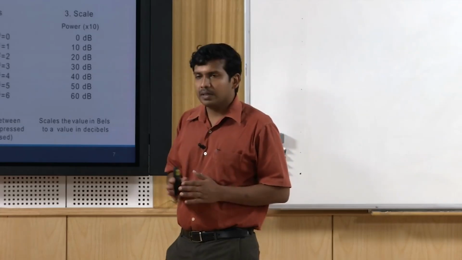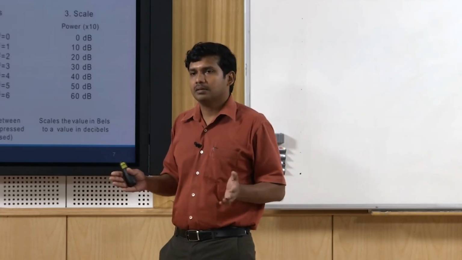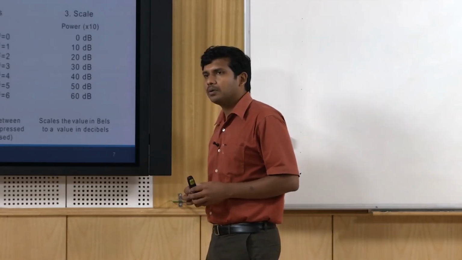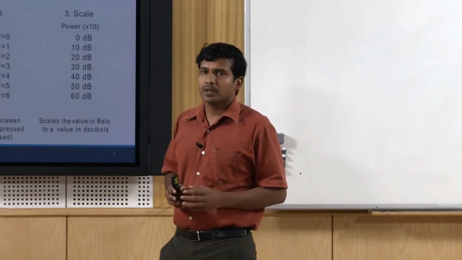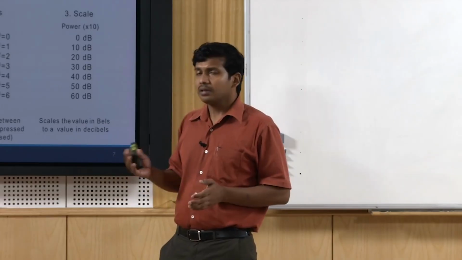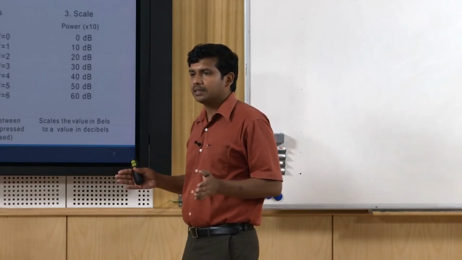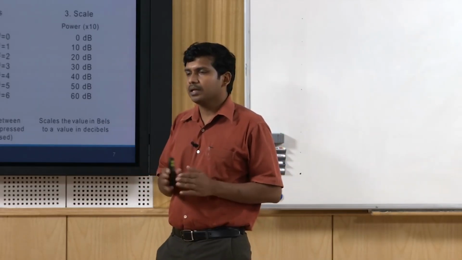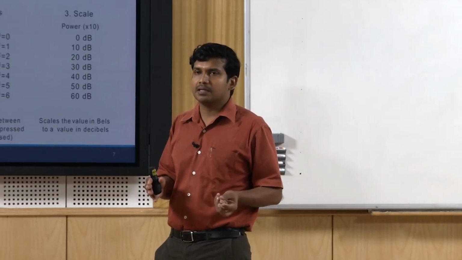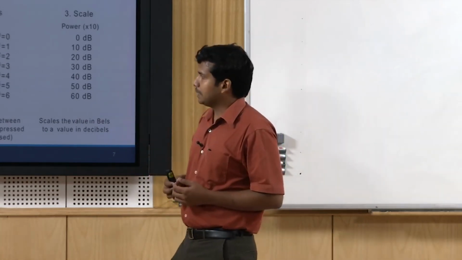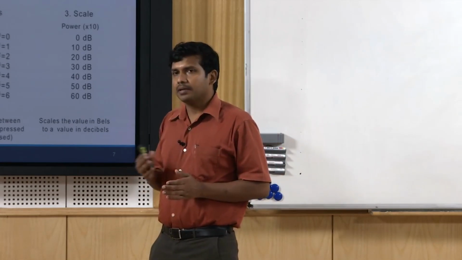First, there is a wide range within which the numbers vary. In the case of sound, the human ear can perceive quite a wide range of sound pressures. If you express this wide variation in pressure directly, it is a very long number, ranging from 10 power minus 5 to something like 10 power 3 in terms of pascals. So, we need a relative term to express.